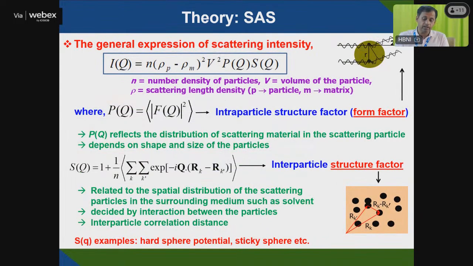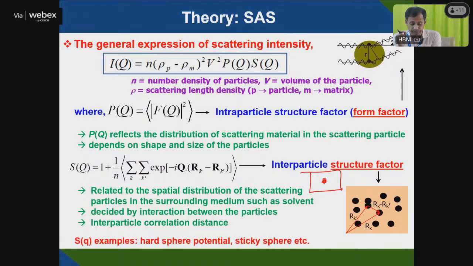Theoretically, what are the interactions, and what is the scattering intensity after scattering? I(Q) will depend on the number density of the particle. If I take a substrate, and this is the exposed area, how many particles are there, that is the number density of the particles. Then the volume of the particle, and ρ is the scattering length density.